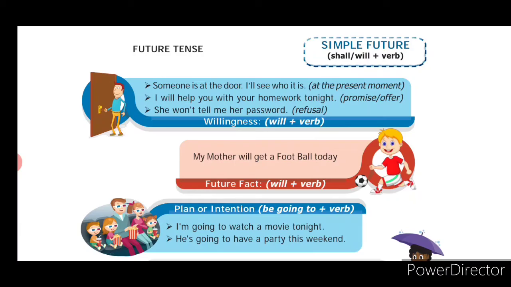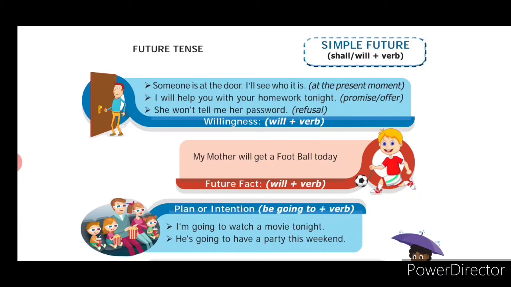Will is used to express three things: instant decisions, that is, decisions that we make at the time of speaking; then offers; and then promises.